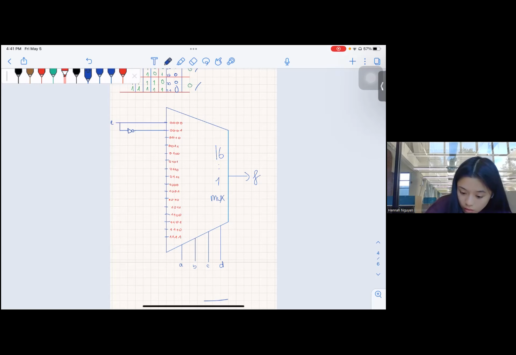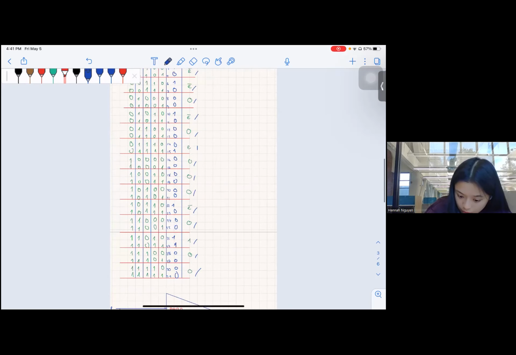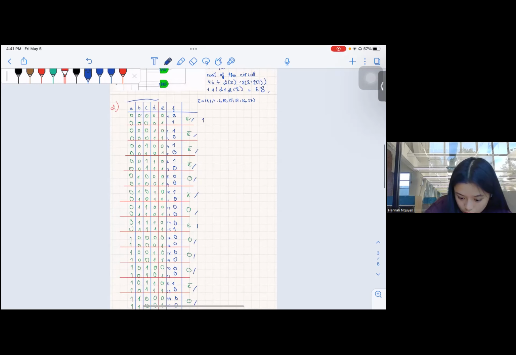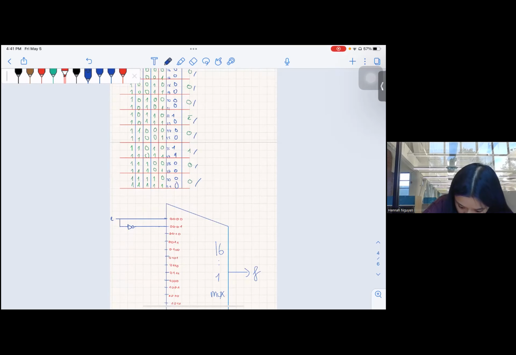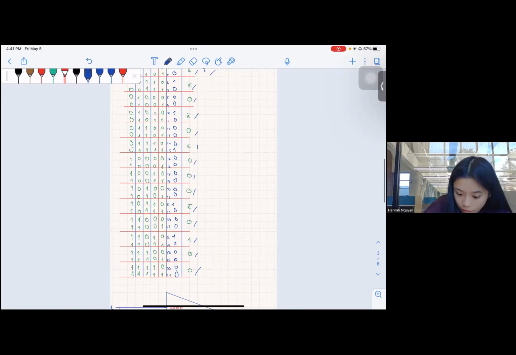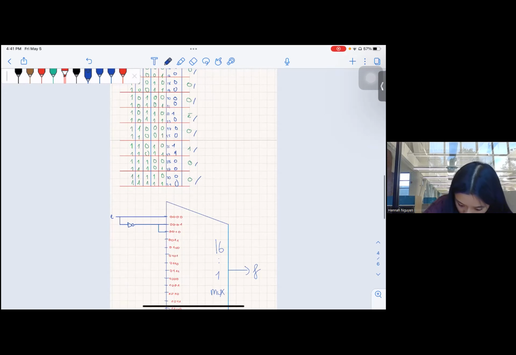The third one is also E negate, this one is also E negate. The fourth is also E negate.